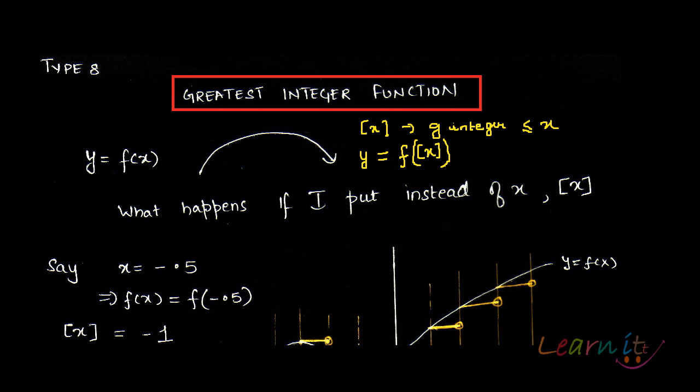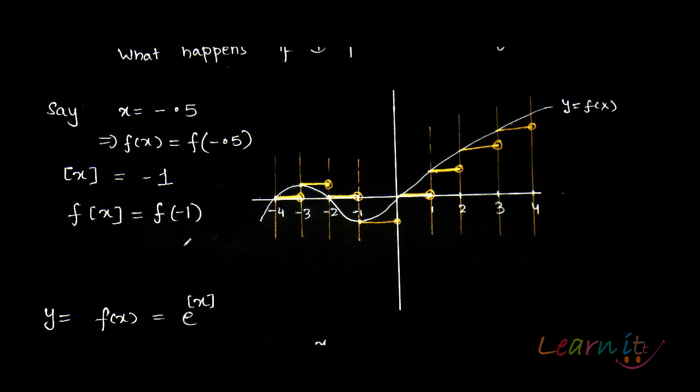So what do we exactly mean by that? Say you have x equals minus half, or minus 0.5. So f(x) will be f of minus 0.5, right? But now when I'm transforming x to the greatest integer function of x, what will be the greatest integer function of minus 0.5? It is the greatest integer less than or equal to minus 0.5.